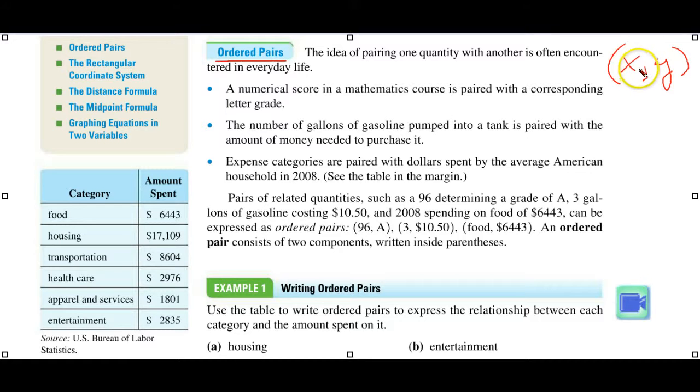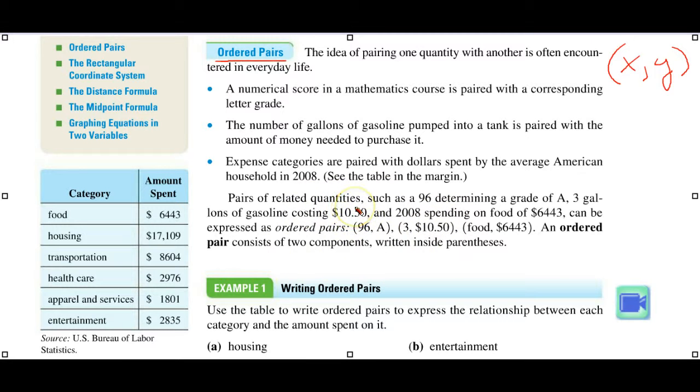Well, in real life, we often can group things together, whether it's scores in a letter grade, number of gallons in a tank with the money it costs to purchase it, expenses, dollars spent in a household, and various things.